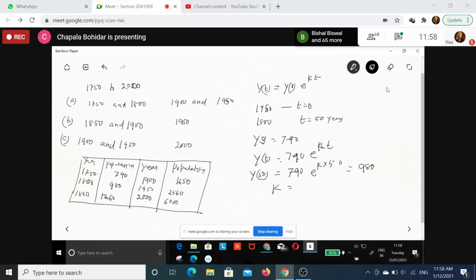K is equal to 1 by 50 ln 980 divided by 790. Is not it? Find out your value k. After getting the value of k, what is the value of k? You got it here. Tell me. 0.00431.